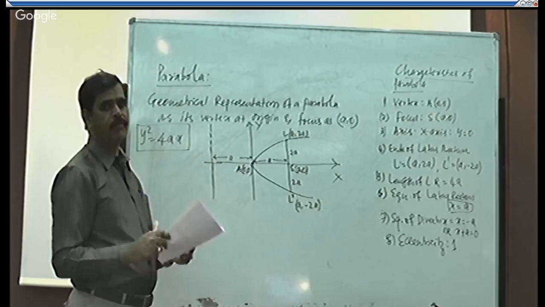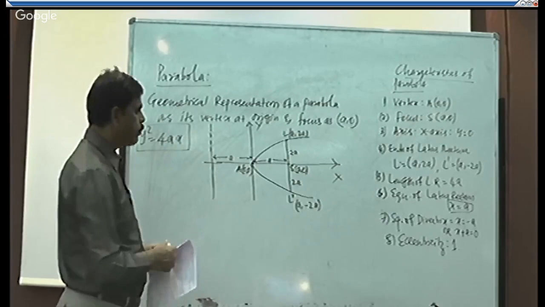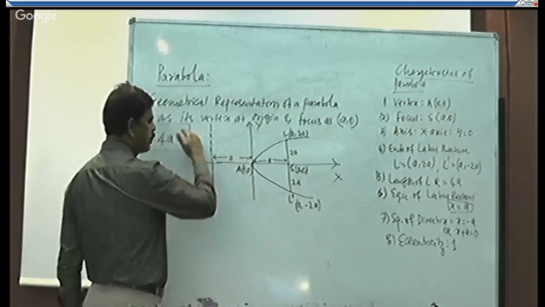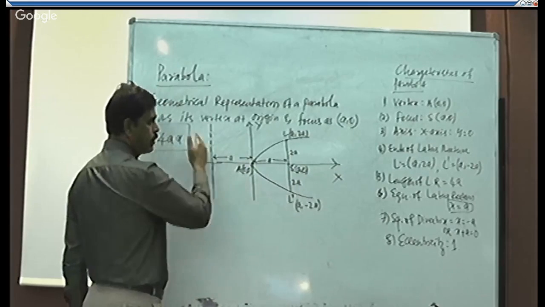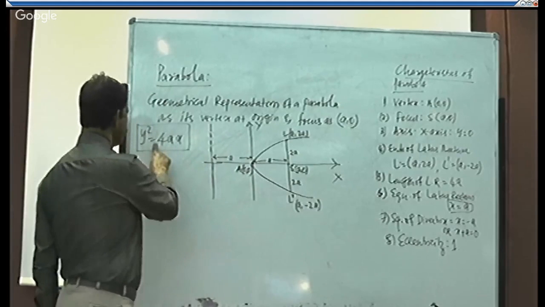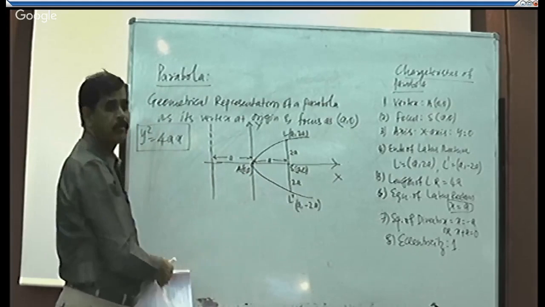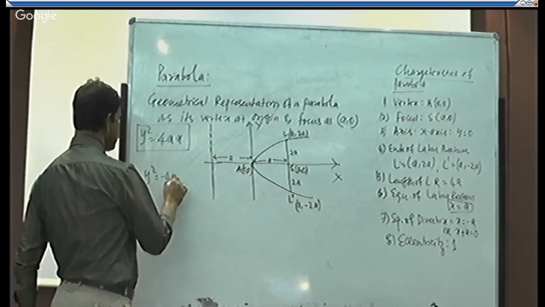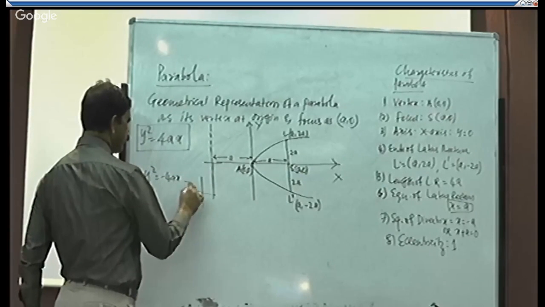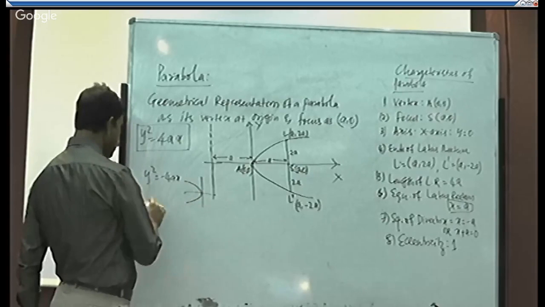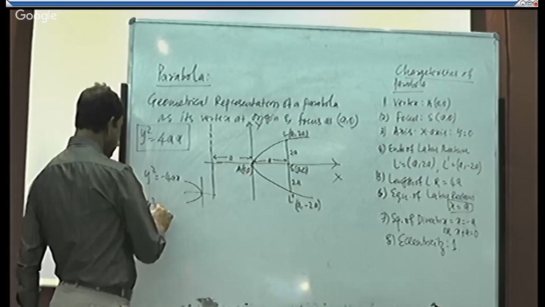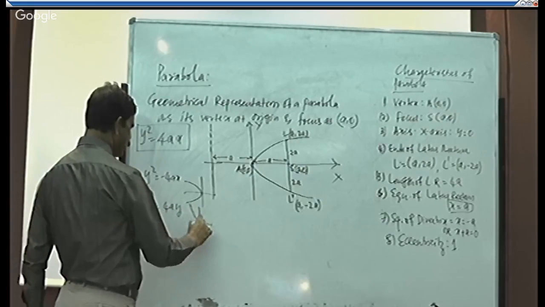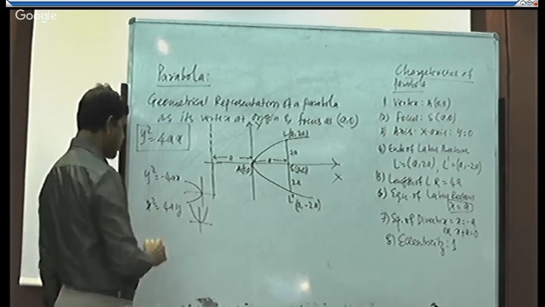We have 4 types of parabolas. So this is the positive x-axis. Suppose if it comes this side, the equation will become y square is equal to minus 4ax. If the parabola is like this, x square is equal to 4ay. This is for this type of parabola.